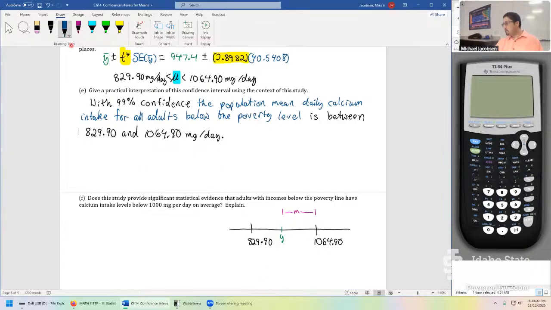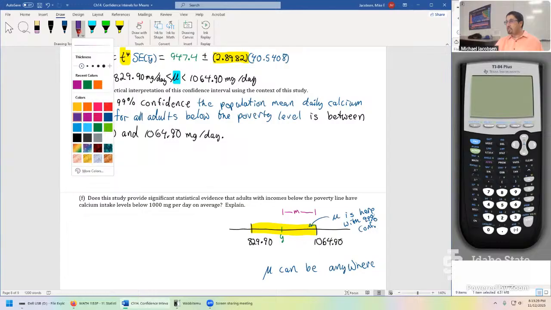But mu can be anywhere, like you were saying. It just happens to be here with 99% confidence. Mu is here with 99% confidence. All right, CONF for confidence, since I ran out of space.